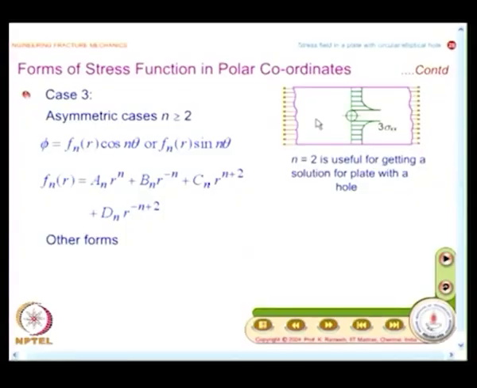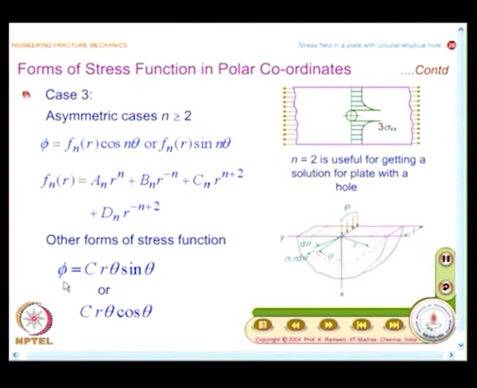We would also see some aspects of the solution more from the point of view of appreciating the principle of superposition. Quite a good variety of problems you have been able to solve by taking stress function in this nature. There are also other forms of stress function.